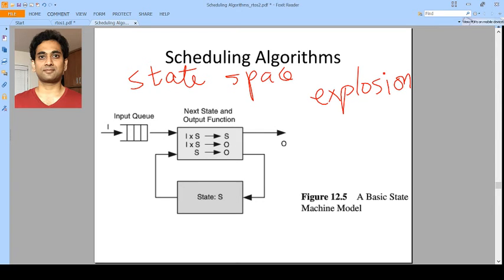In other words, when there are a lot of input variables and a lot of different states, the complexity or the magnitude of the state machine increases exponentially, and then the state machine grows to an unmanageable, unrealistically large size, very difficult to handle.